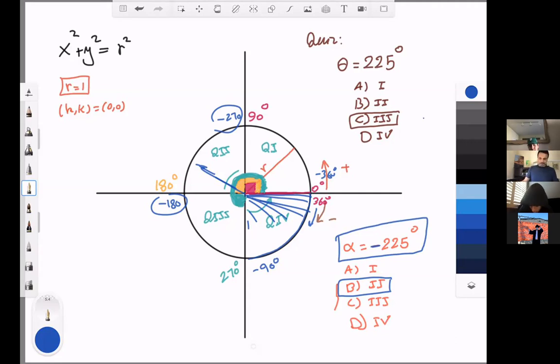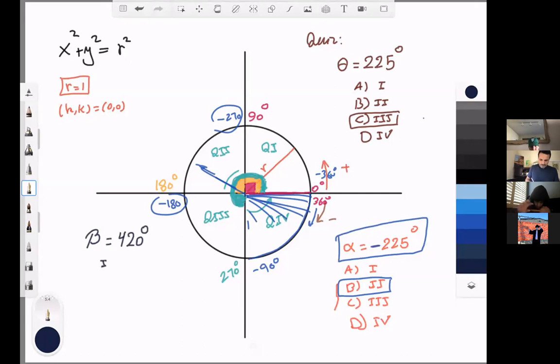Let's have another one. Beta equal to 420 degrees.